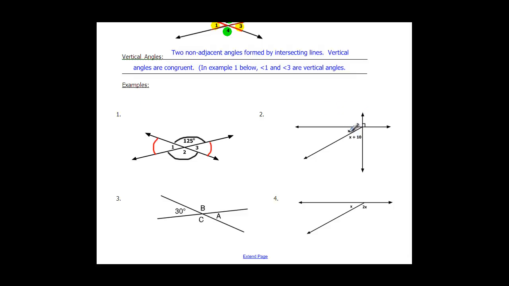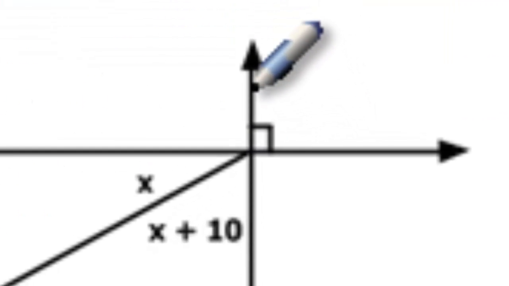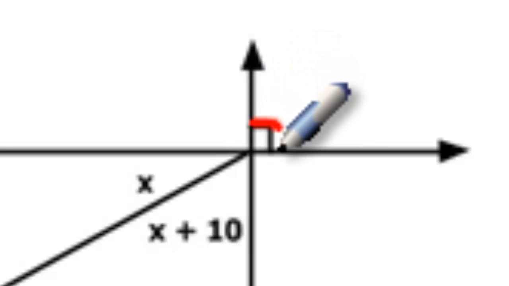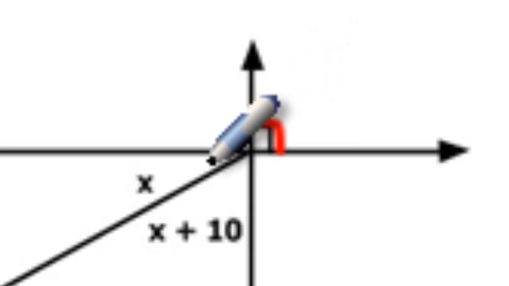In the second picture, this little symbol means it's a right angle. If it's a right angle, it's 90 degrees. And since these are vertical angles, this angle also has to be 90 degrees, which means these two angles are complementary.